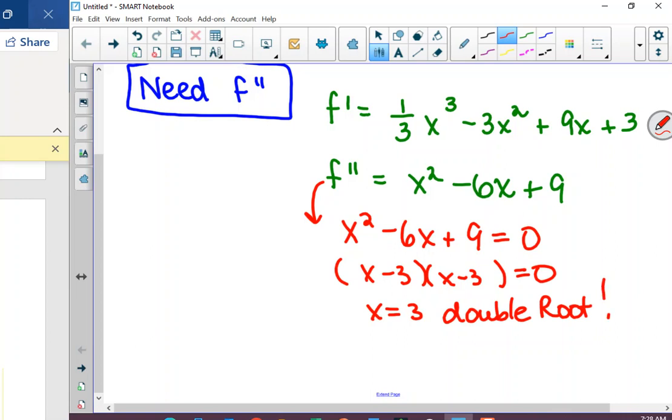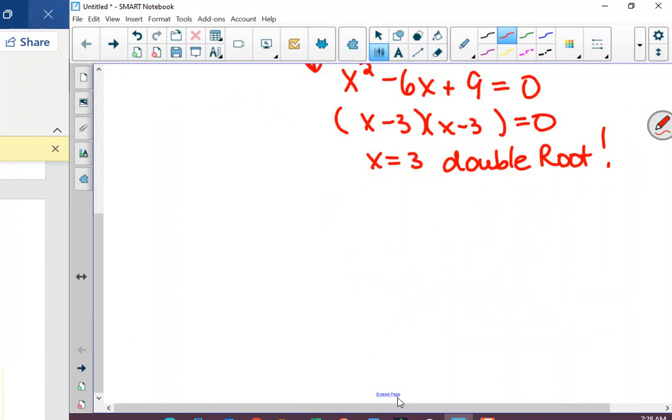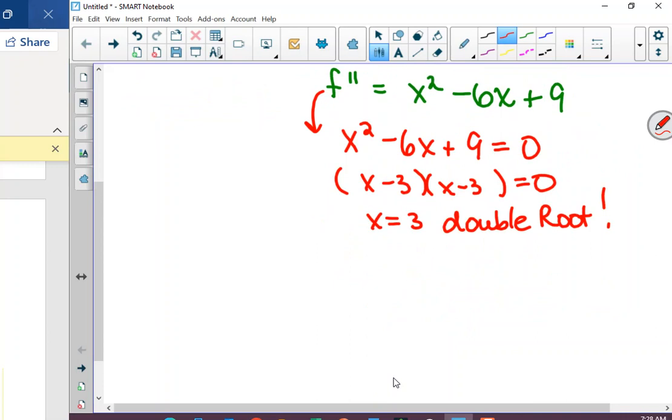When you get a double root, looking at concavity, chances are it's not a concavity change.